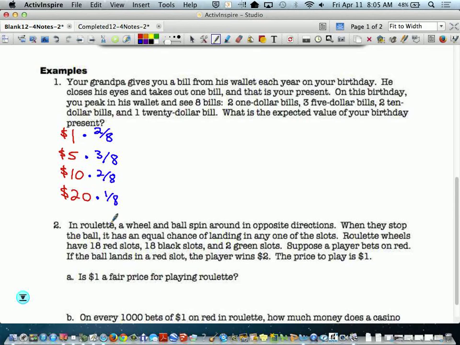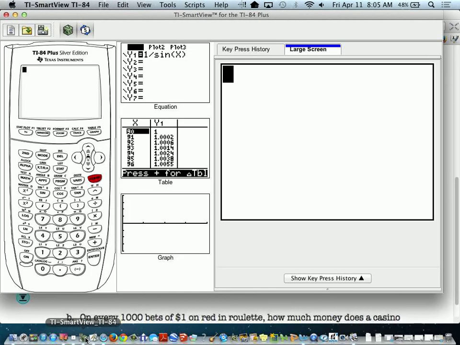So you're going to go to your calculator. You're going to multiply all those together and then add them up. So on a calculator, you would do a $1 bill times 2 divided by 8. Then I can add to that the $5 bill times 3 divided by 8.